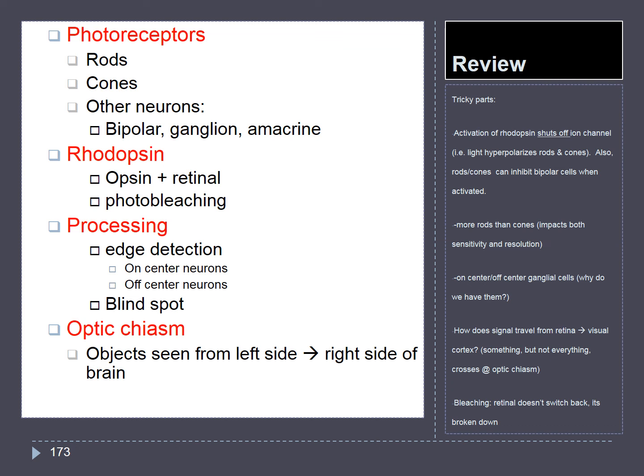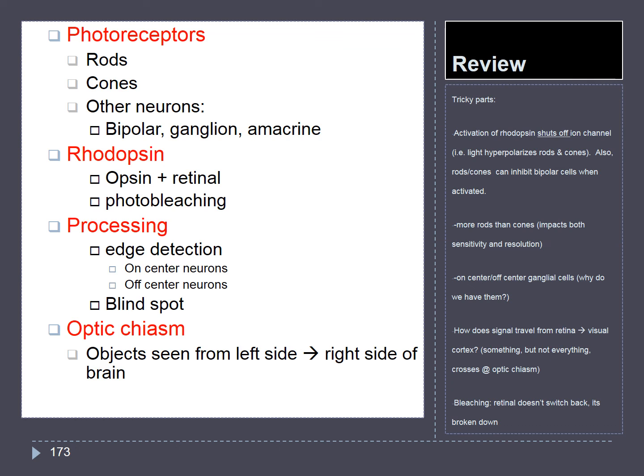So that's going to wrap us up. We talked about the rods and the cones and how they were different, the amount of rhodopsin, whether it detected all wavelengths of light or just certain colors, how those cells summed onto the bipolar and ganglion cells. The cones were pretty much one-to-one, but the rods might be hooked up into an on-center or an off-center conformation.